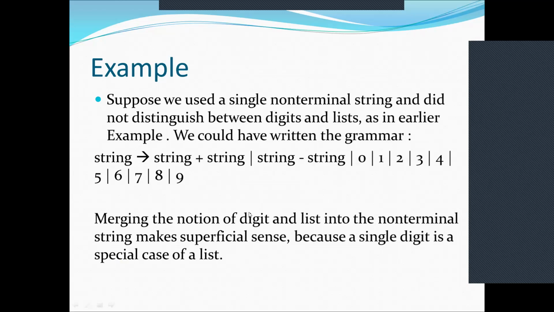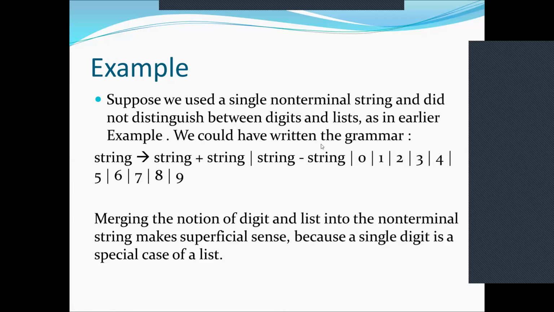And if we don't use that, the notion of digit and list into non-terminal strings, non-terminal strings meaning the strings defined by the user, right, has no meaning, or you can say it doesn't make any sense. So what we did, we mentioned list is equal to list plus digit, or you can say string is equal to string plus digit, or string minus digit, or digit can have the form of all this. This was required to remove the ambiguity in the parse tree.